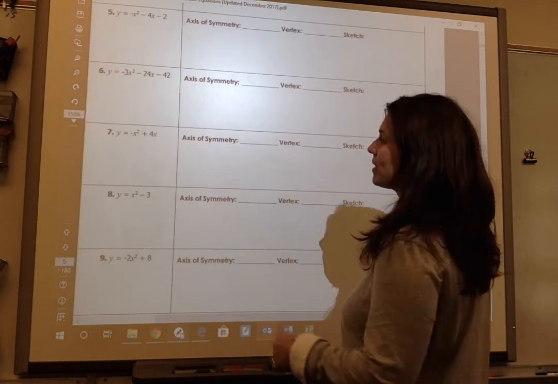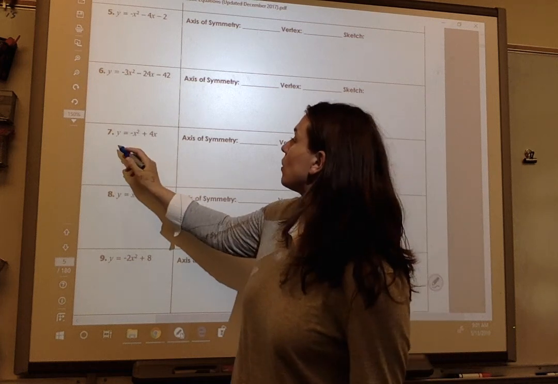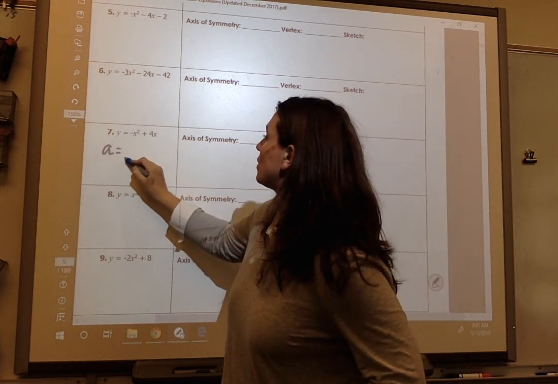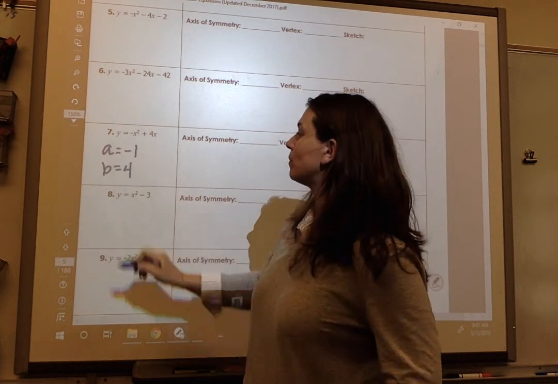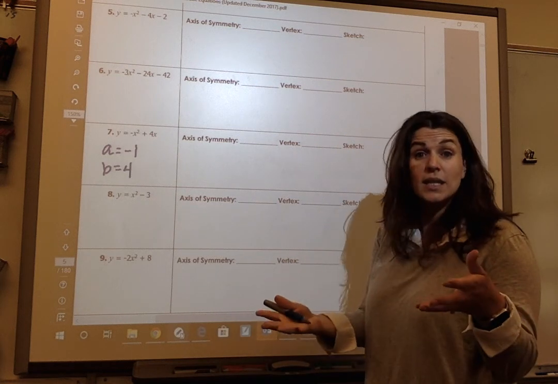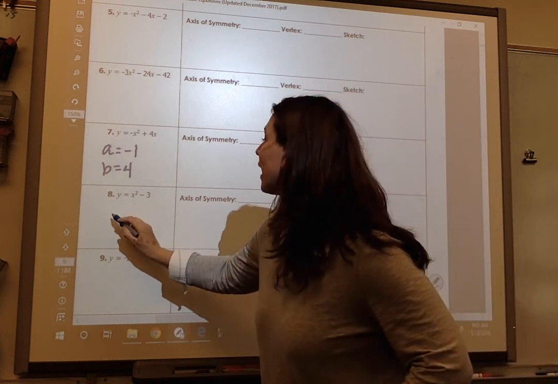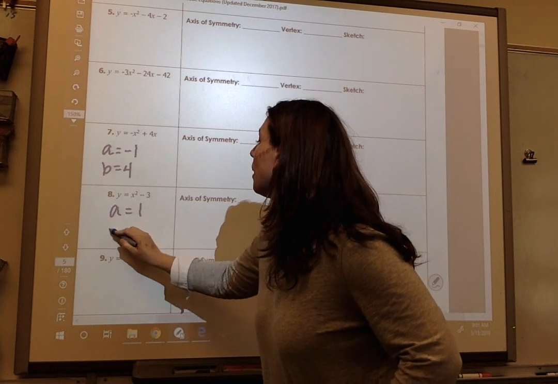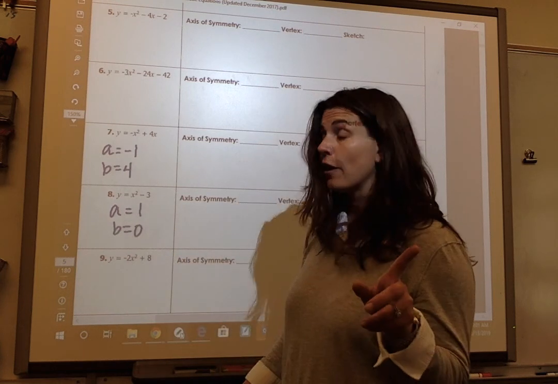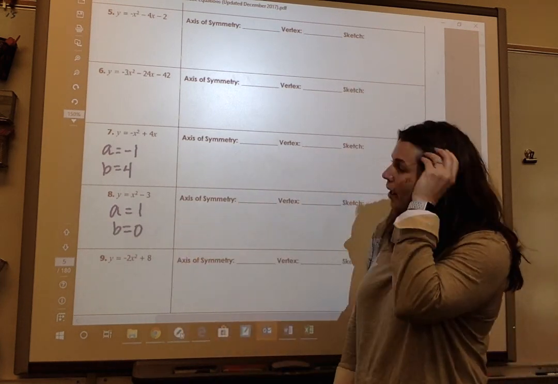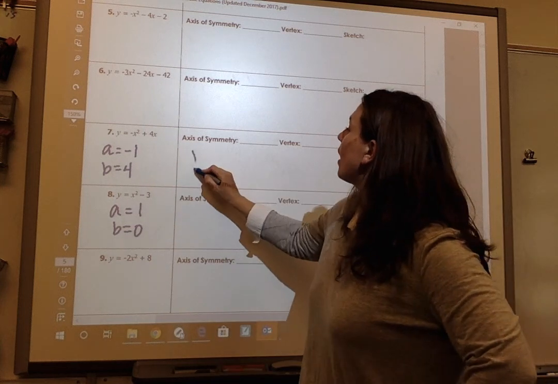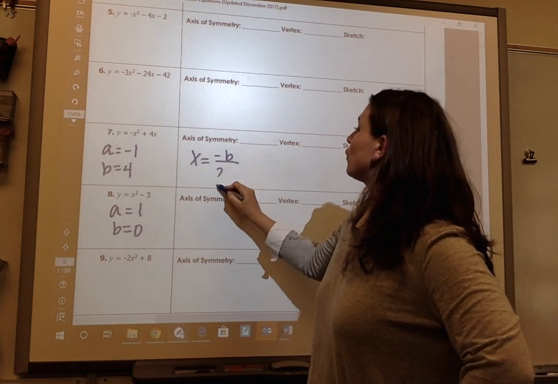So let's do one more. Let's look down at number 7. So number 7 is a equals negative 1 and b equals 4. There is no c. c would equal 0. And like on number 8, a would equal 1, b would equal 0. So be careful there. So I kind of helped you on that one. Number 7. So axis of symmetry is x equals negative b over 2a.